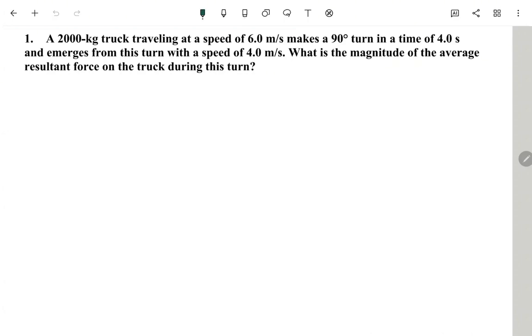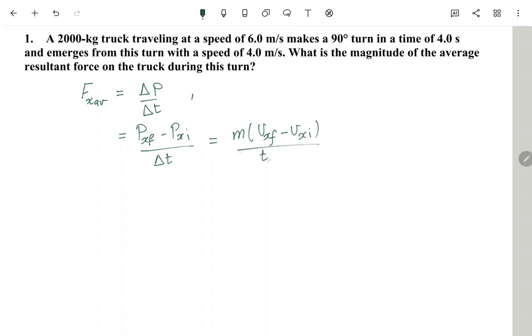Now to solve this one, let's find Fx average, which is equal to delta P over delta T. That is Px final minus Px initial divided by delta T, or equal to M times Vx final minus Vx initial over T final minus T initial.